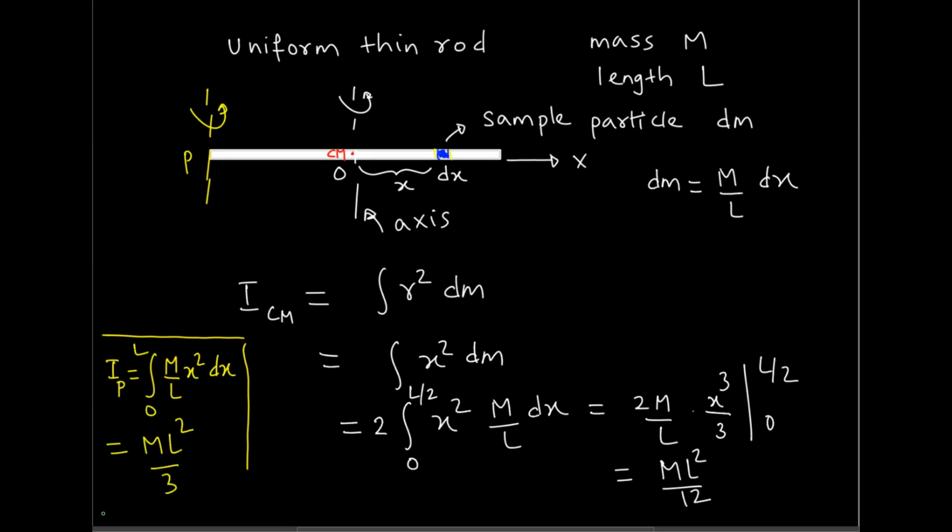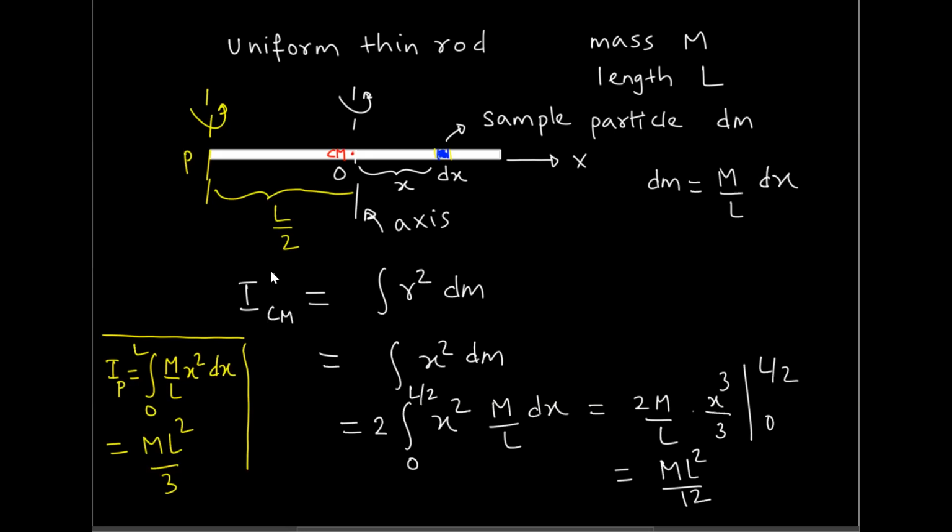Now, there is an important theorem when it comes to calculating moment of inertia. There's something known as the parallel axis theorem. If I look at the distance between these two axes, the distance is L by 2. One axis is passing through the end, the other axis passes through the center of mass, and they're parallel.